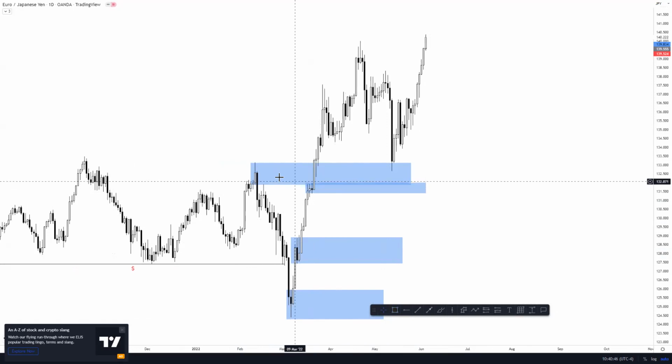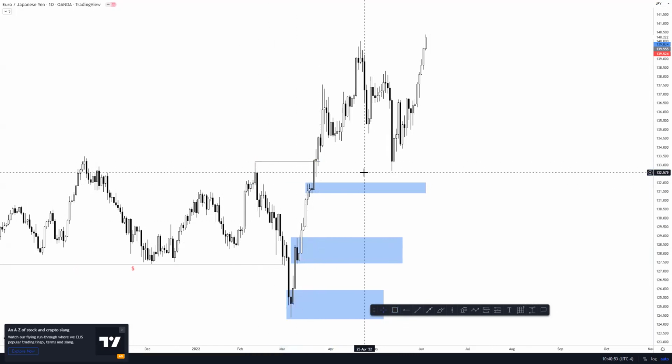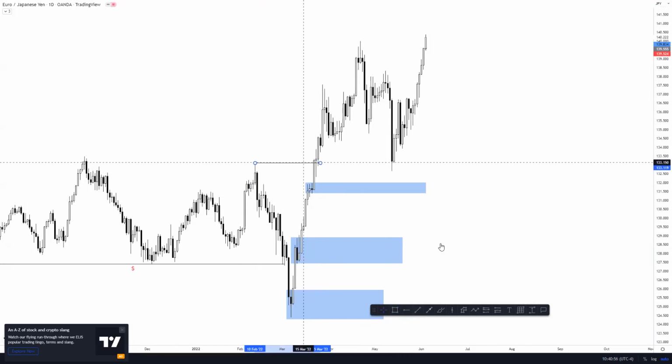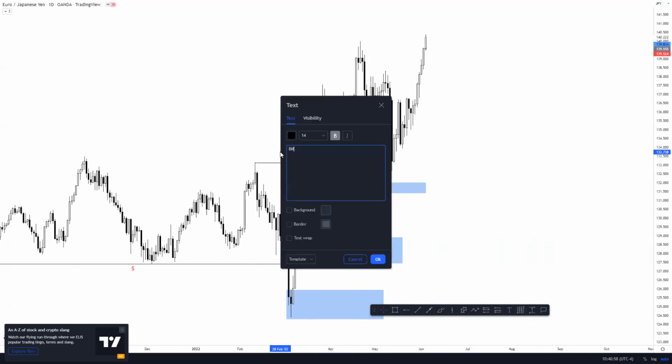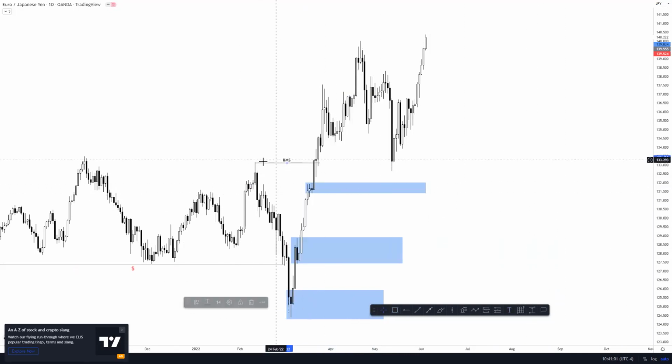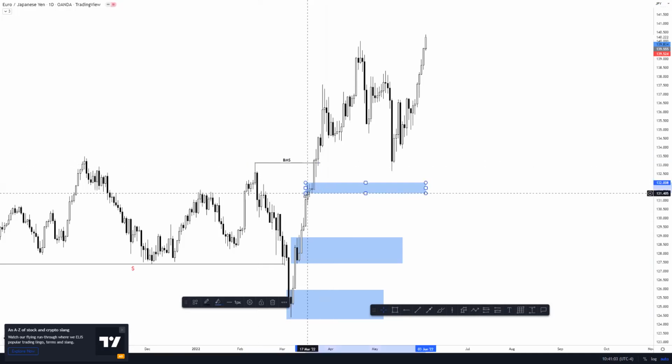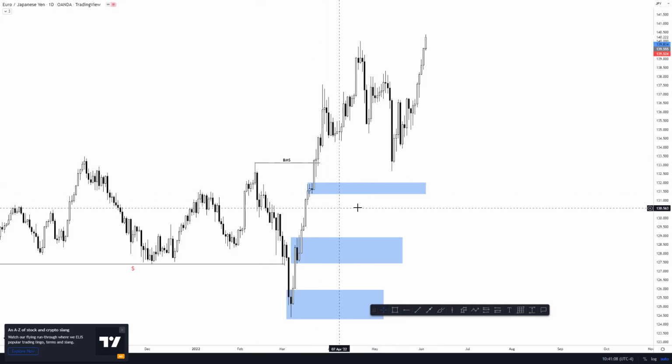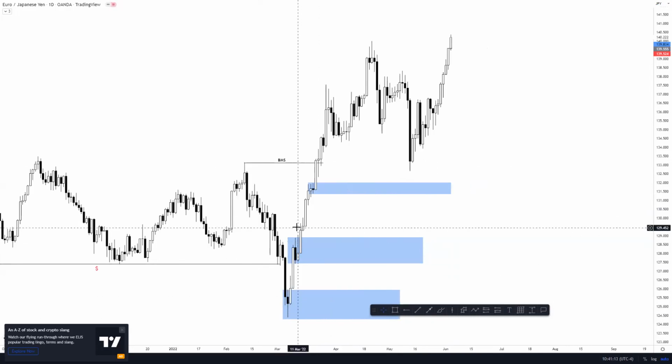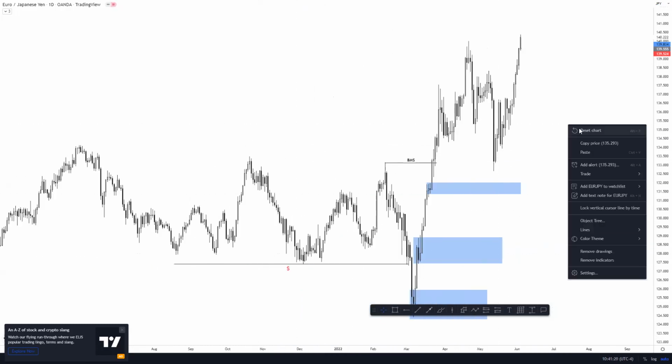Just before taking out this high, price has made a base, this bearish candle. I will choose this as a point of interest because this is not a mitigated range, and you see rally, base, rally. This will also be a good point of interest. So that's how I choose my point of interest.